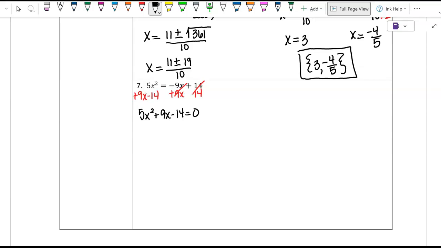And now we can identify our a, our b, and our c. A is 5, b is 9, c is negative 14.